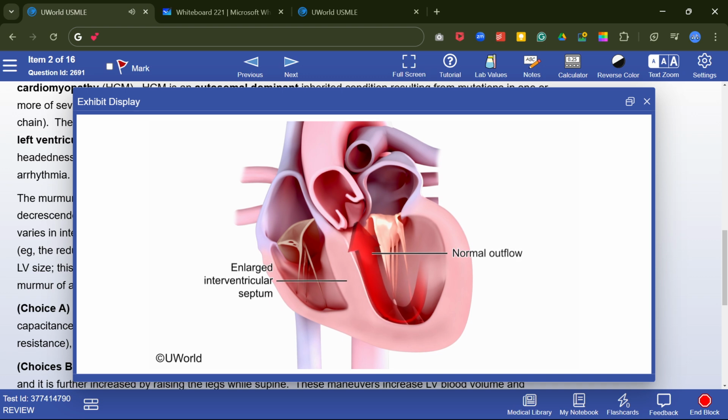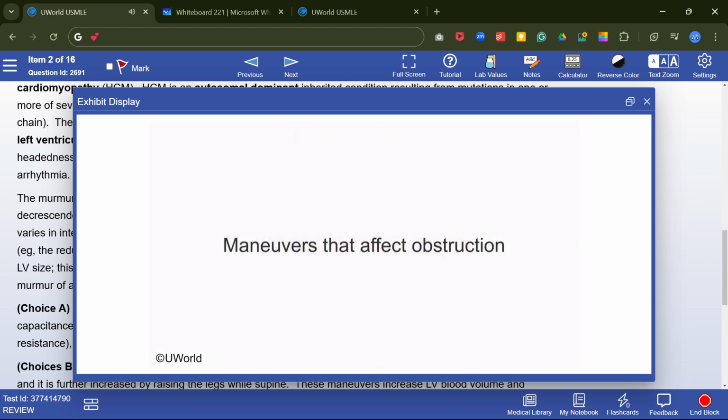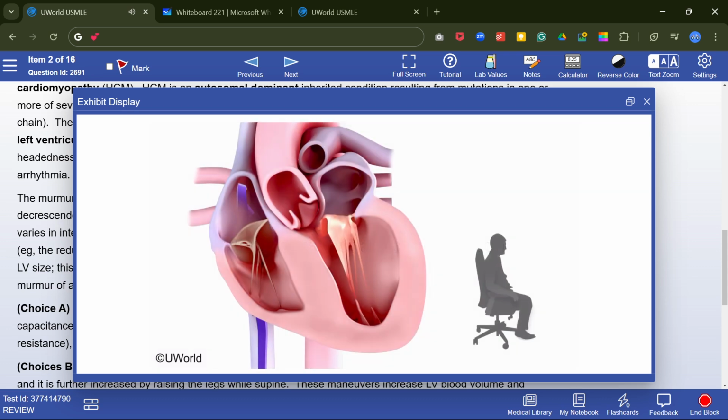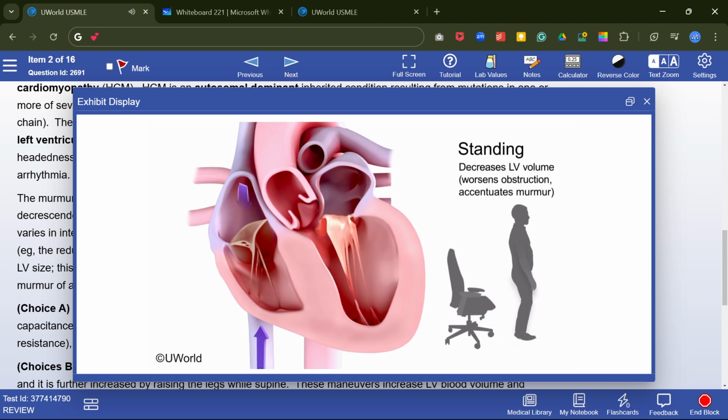Hypertrophic cardiomyopathy is characterized by enlargement of the interventricular septum. The enlarged septum restricts flow through the left ventricular outflow tract. Outflow obstruction varies with left ventricular volume. Standing causes blood to pool in the legs and reduces venous return to the heart.